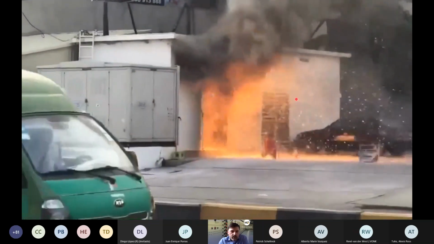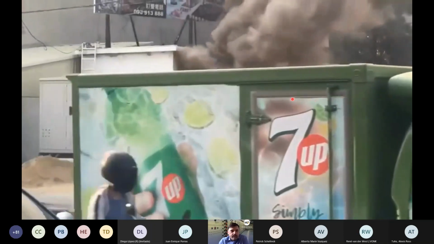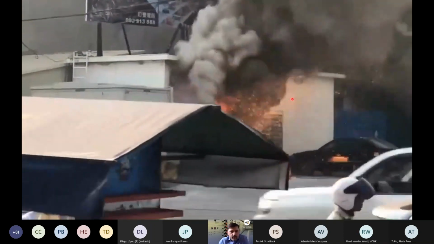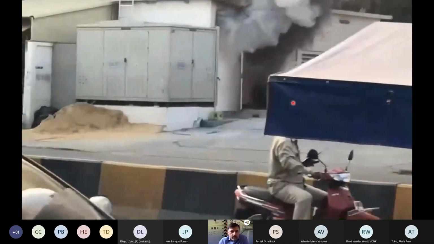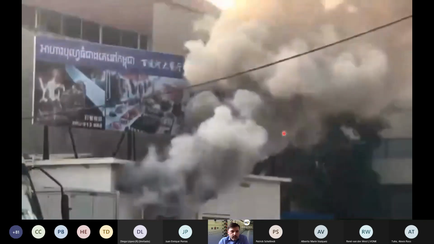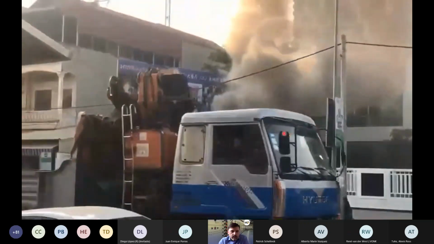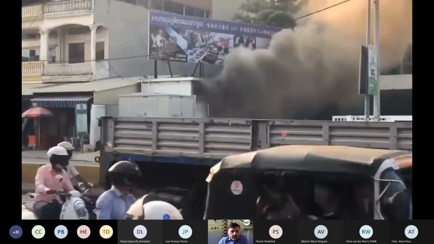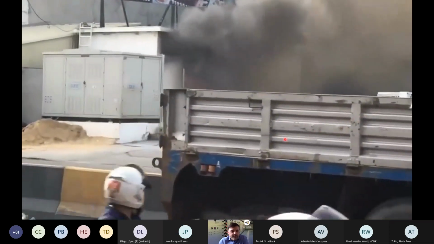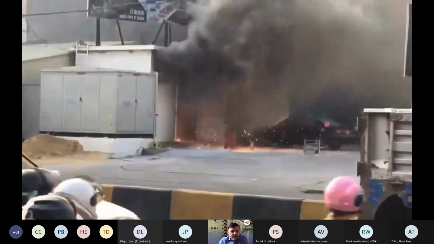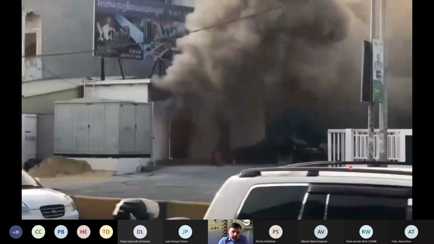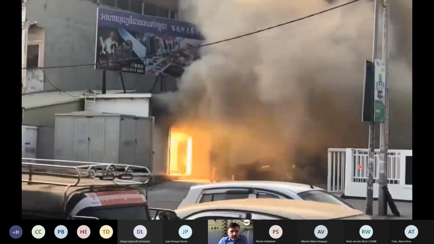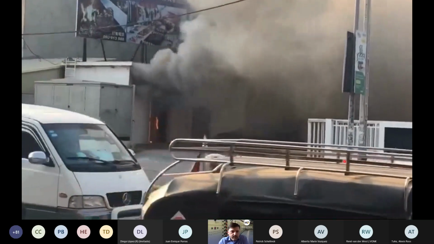And I think the transformer is on this side. Not true. And you think it's done, yeah? It's finished. Have a look how far it went. I think it's 6 meters, 7.